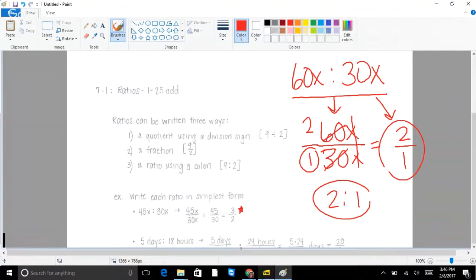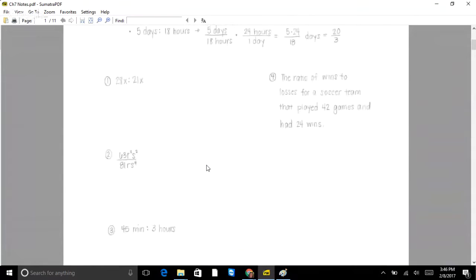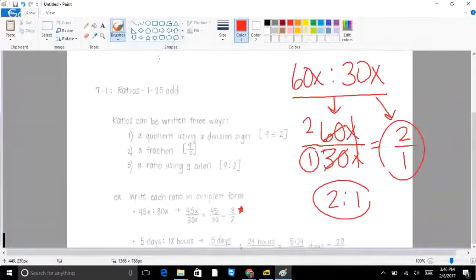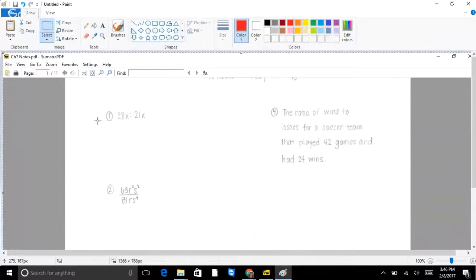So let's scroll down to a couple examples in your notes.